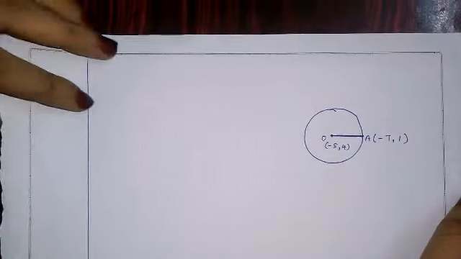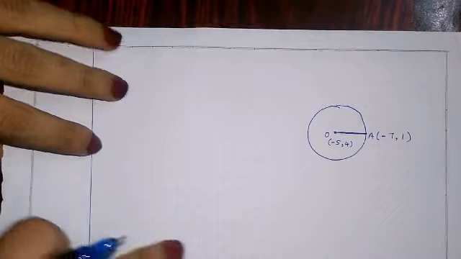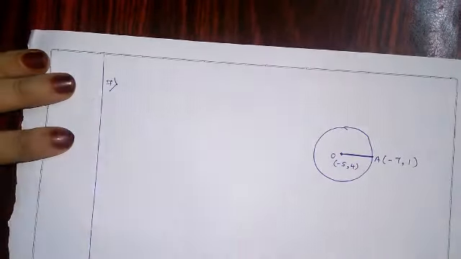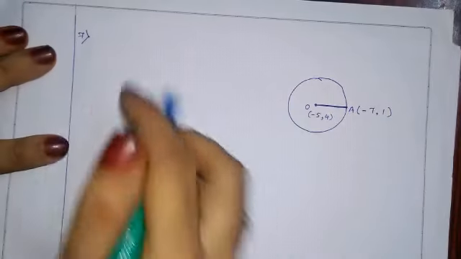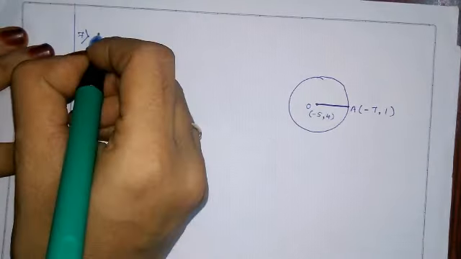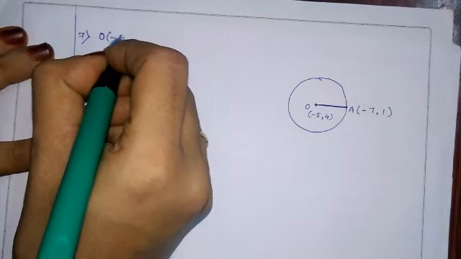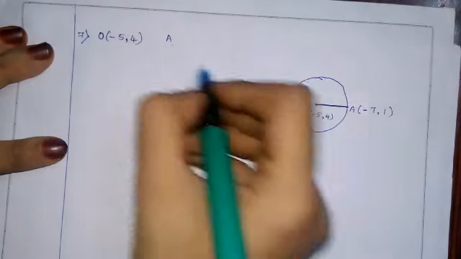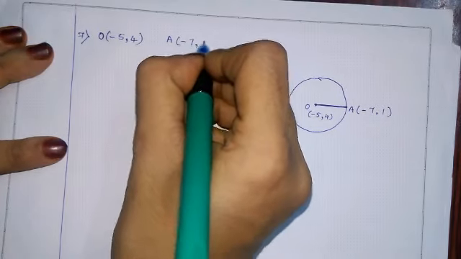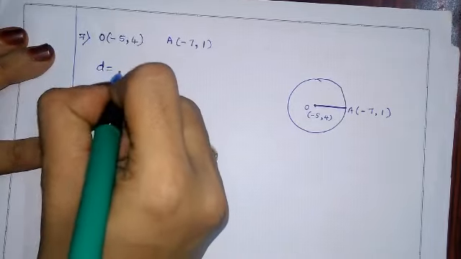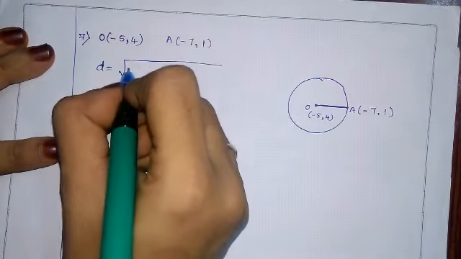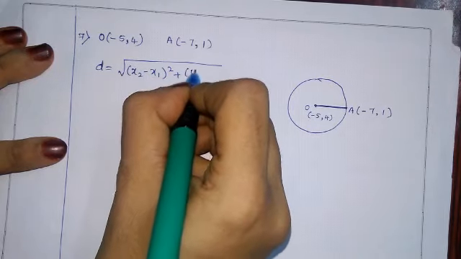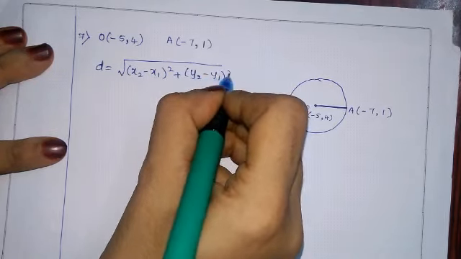Next question number is 7. Radius OA is equal to the distance between O(-5, 4) and A(-7, 1). First we know the distance formula: square root of (x2 minus x1) whole square plus (y2 minus y1) whole square.